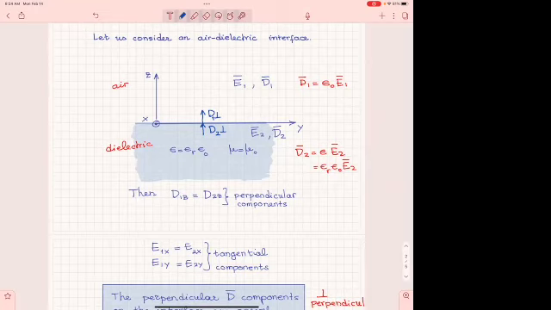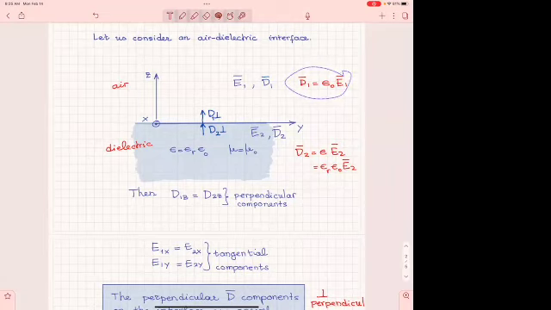You need to remember the relationship between D and E. And you need to remember that the upper part is air, the lower part is dielectric. It could be one dielectric with another dielectric, for example. So what happens to the perpendicular components of the electric field through the planar interface between two dielectrics?